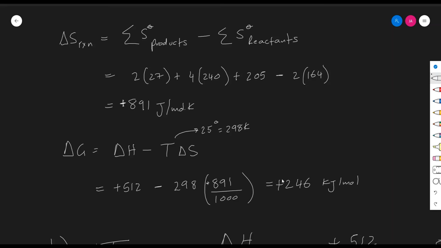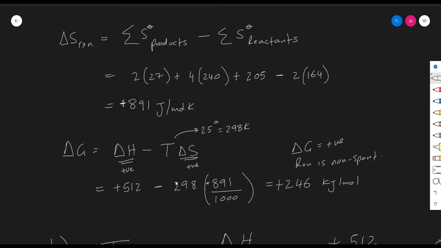And thus, since the sign of delta G is positive, this reaction is non-spontaneous at this given temperature. As you can see, the signs of both the enthalpy change and the delta S are the same, positive and positive.